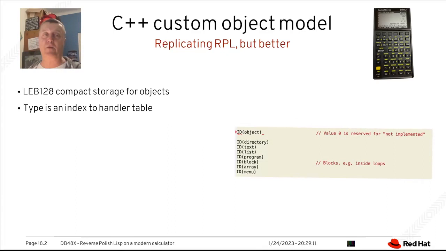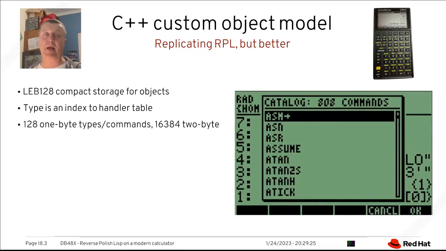So the type, that is the first byte or LEB128 value, is an index to the handler table used for evaluation. Instead of using direct addresses like in RPL, I use an index. That means I can have 128 one-byte types or commands, and 16,384 fit in 2 bytes.